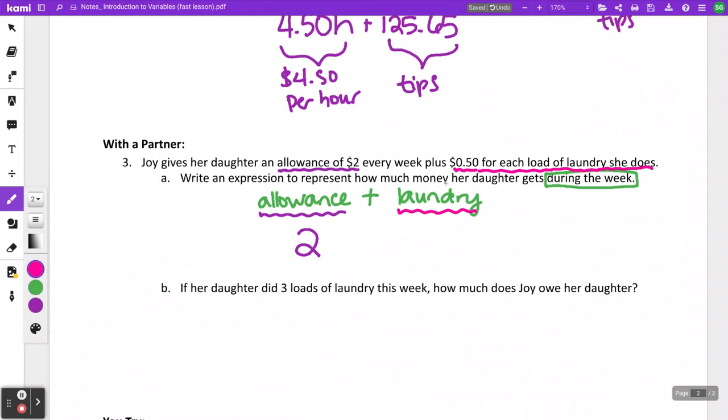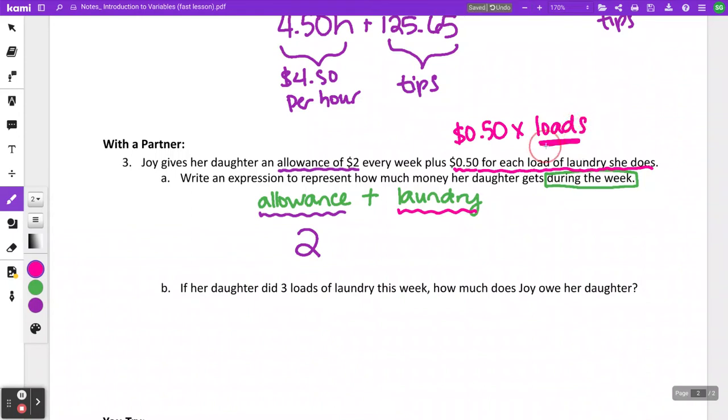If I want to know how much total money she gets from laundry, it might not be 50 cents. What math would we need to do to figure out the total money she gets from laundry? Well, if she gets 50 cents for each load, I would want to take our 50 cents for one load of laundry and multiply it by the number of loads she does.